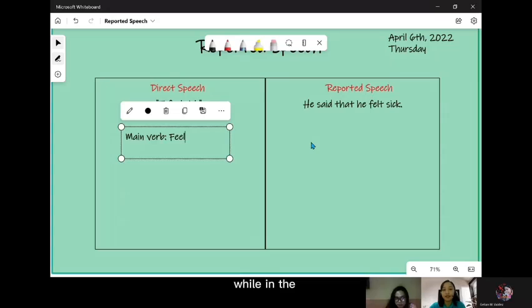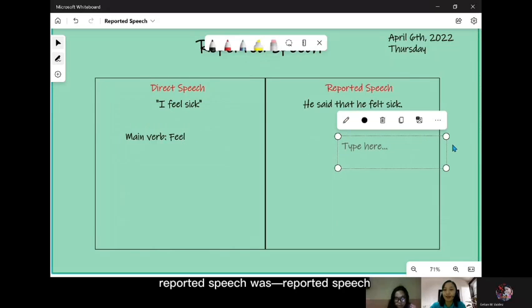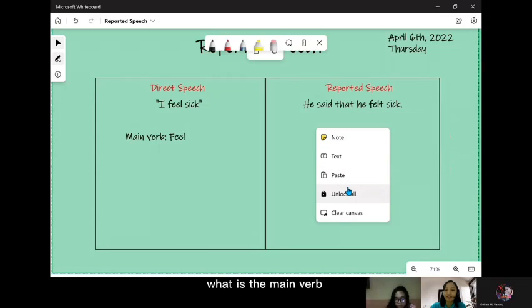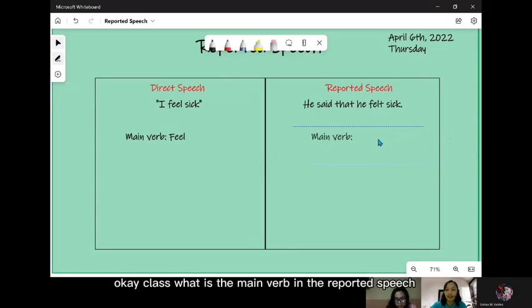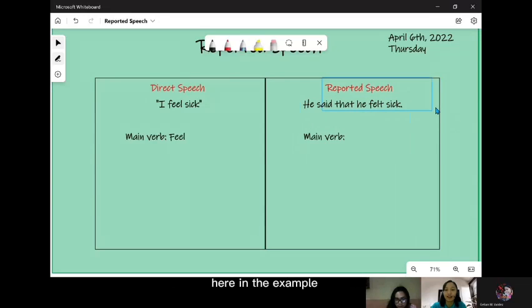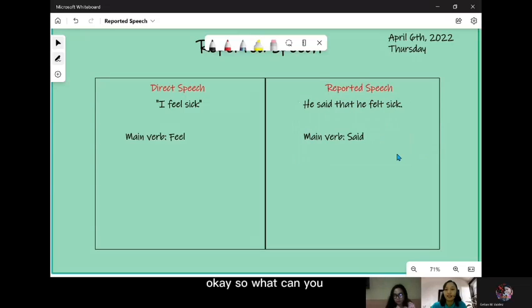While in the reported speech, what is the main verb? Is it said? Yes, it was.